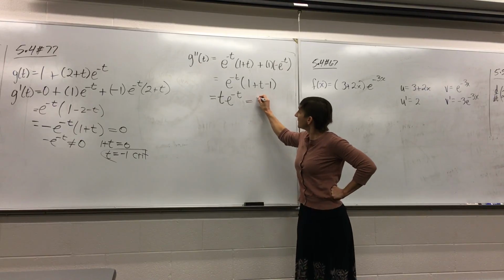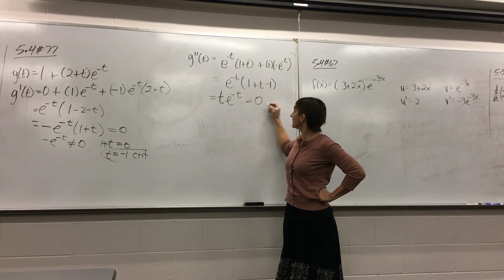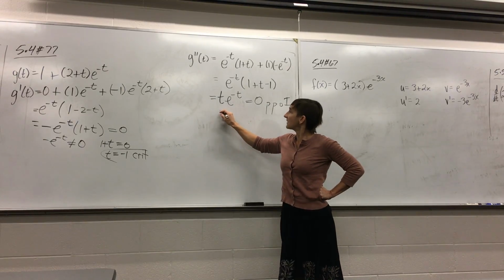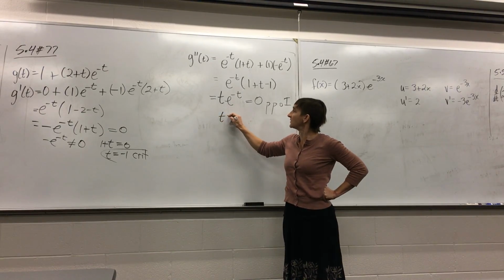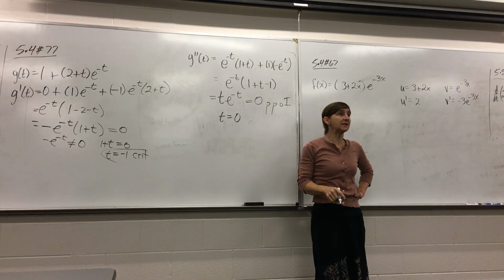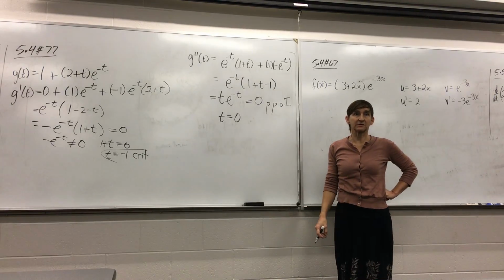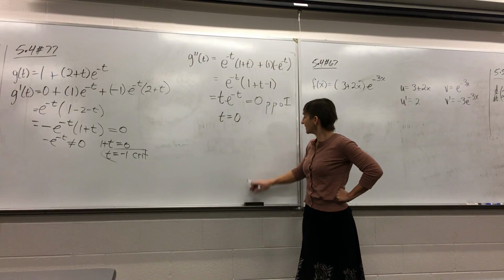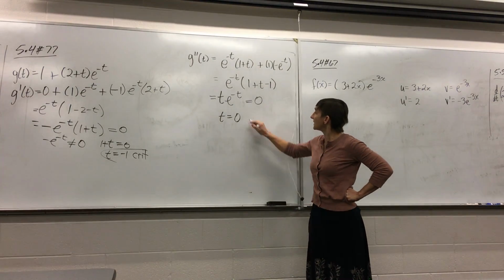All right, setting that equal to 0 will give me possible points of inflection. And that's going to happen only when t is equal to 0, because e to the negative t is never equal to 0. Do you agree? Okay? So I guess I should put my PPOI here.